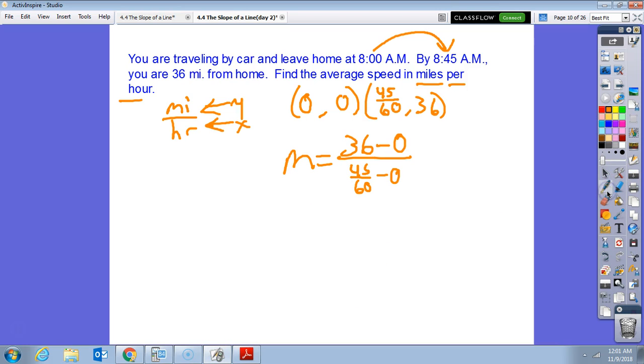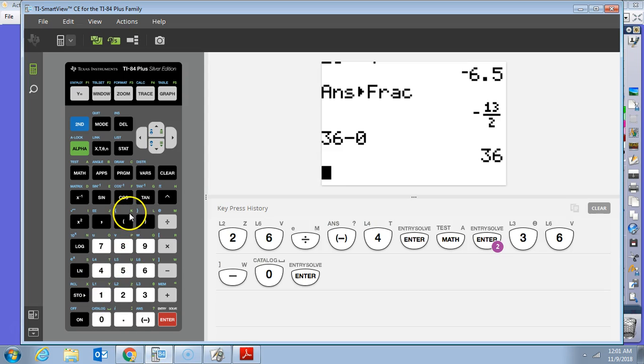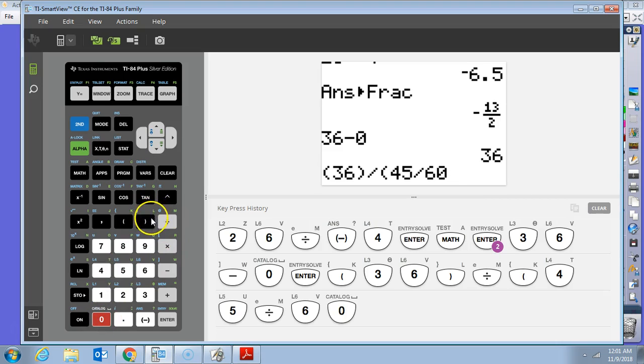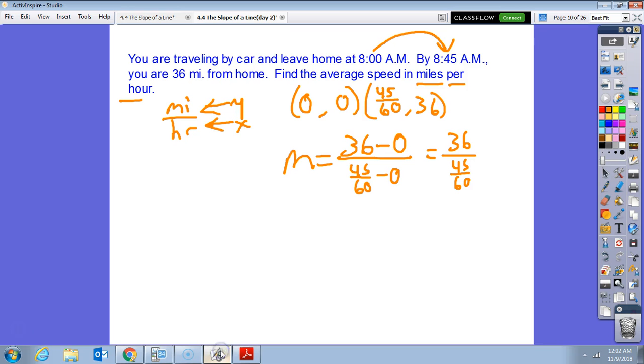That gives me 36 over 45 over 60. If you take your handy dandy calculator and take 36 divided by 45 over 60, or you can multiply by the reciprocal, you get 48. So what's your average speed over that trip so far? 48 miles per hour.